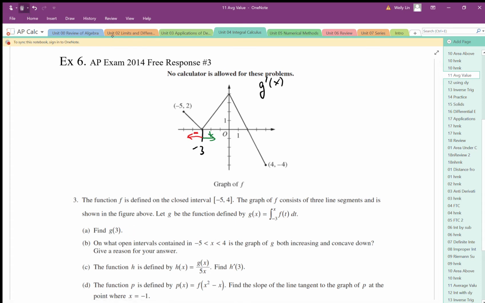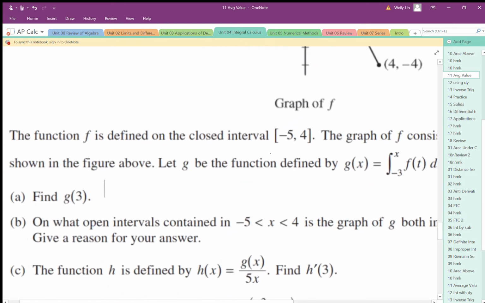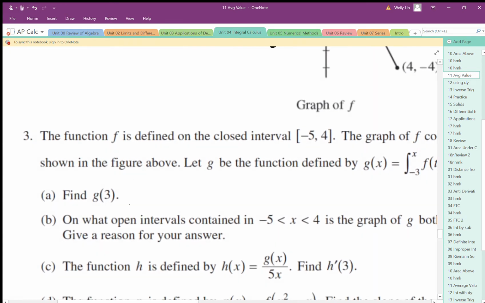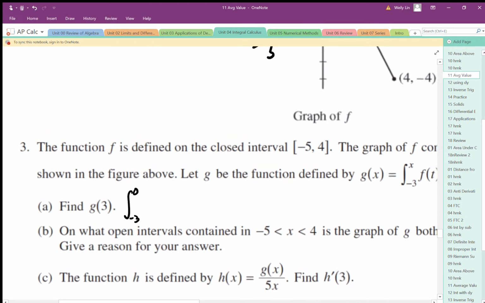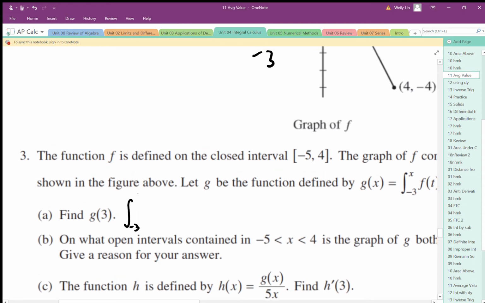I'm going to zoom in a little bit, but I want to find the area from -3 to 0. Actually, sorry, I want to find g of 3, so I want to go from -3 to +3. And that +3 here is the end point of that function.